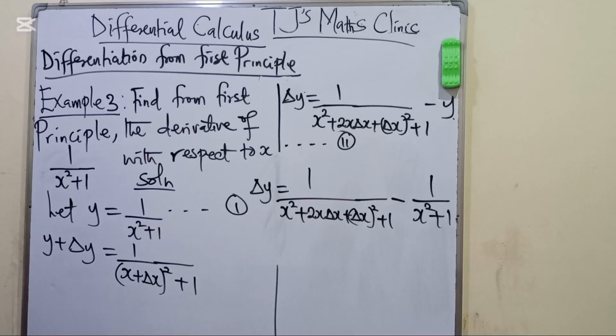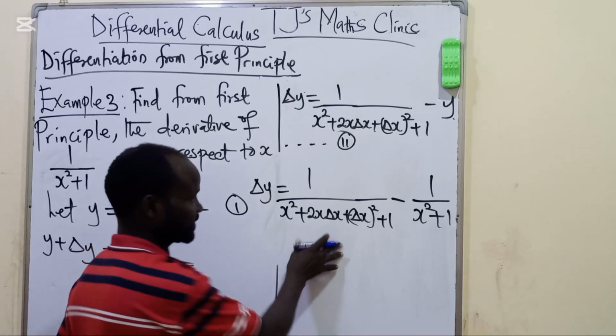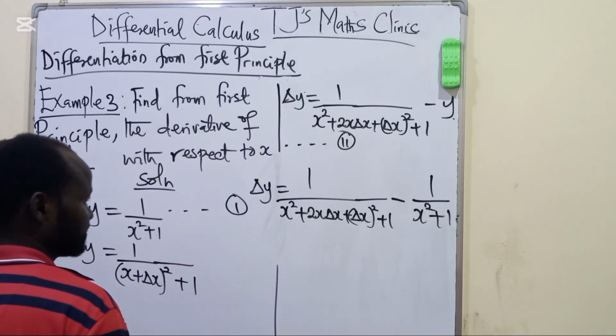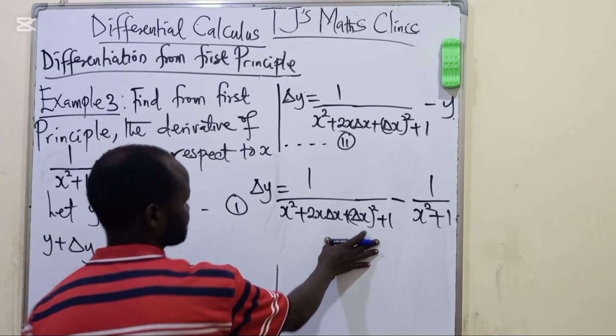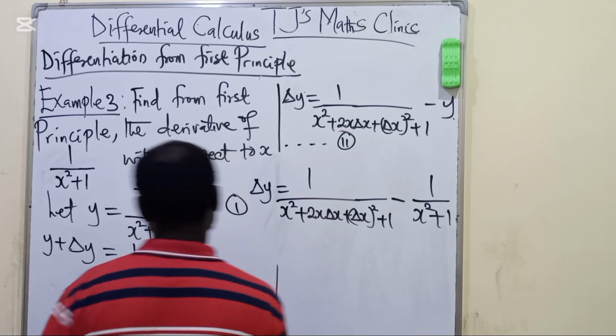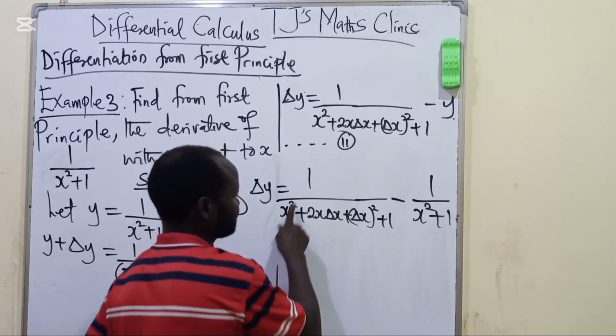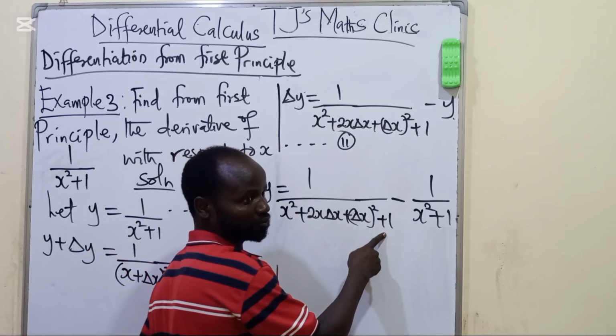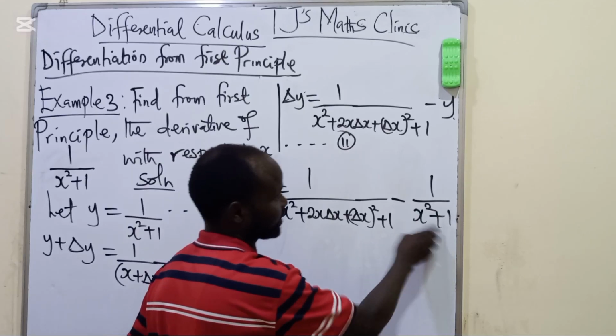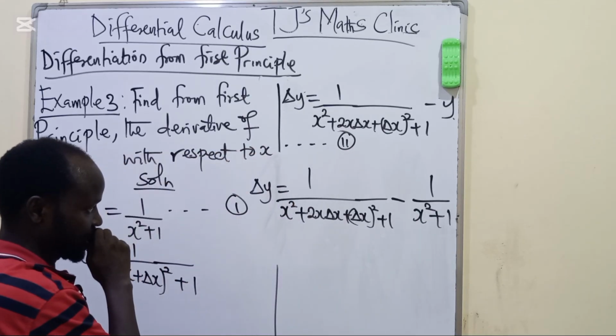Very important. The next thing for us to do here, let's find the LCM. Let's find the LCM of this expression so that we can reduce it. You realize that we have x squared plus 1 on one side, then we have x squared plus 1 on the other side.